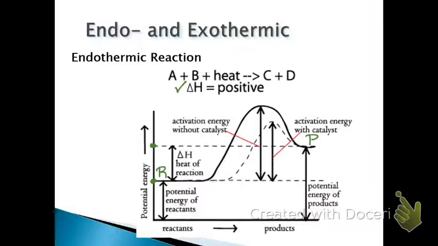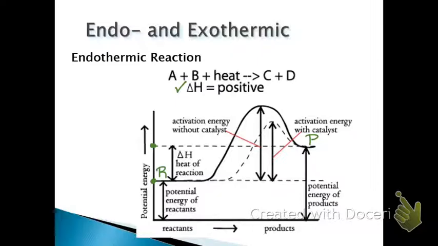Heat is absorbed. To go from reactants to products, I have to essentially move uphill in terms of energy. The reactants have to absorb more energy to get up to the level of the products.